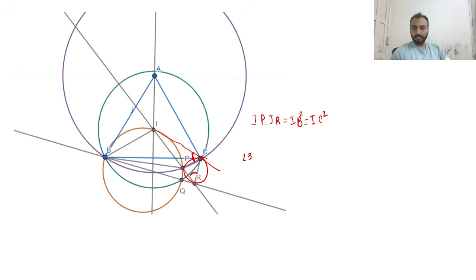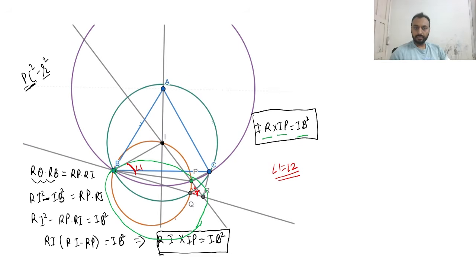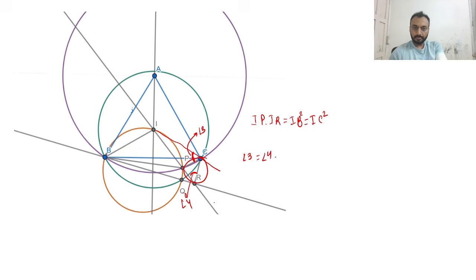If I say this angle is 3 and this is 4, then angle 3 is equal to angle 4 by the alternate segment theorem. In the previous slide, we saw this is angle 2, and now this angle is 4. So angle 2 plus angle 4 is basically equal to angle 1 plus angle 3.